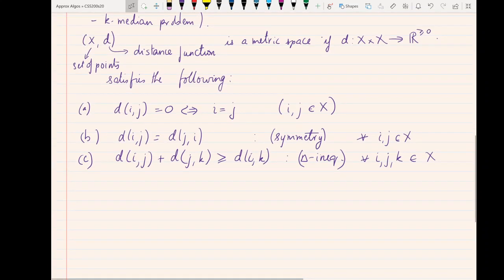Now, the condition A in most of our settings of combinatorial optimization problems need not always be satisfied. So you can have distinct points that overlap at the same place, in which case at times we might want to relax the condition A because we'll not really use it explicitly in our problems.